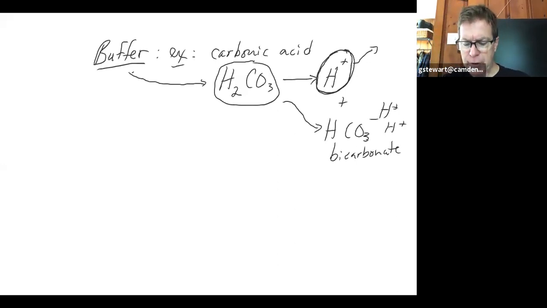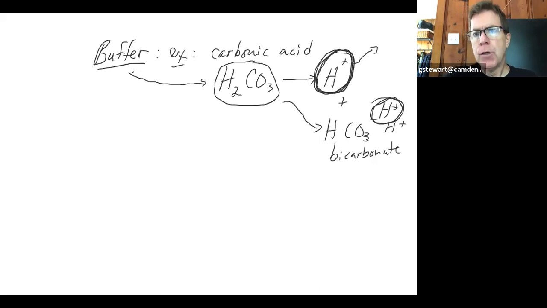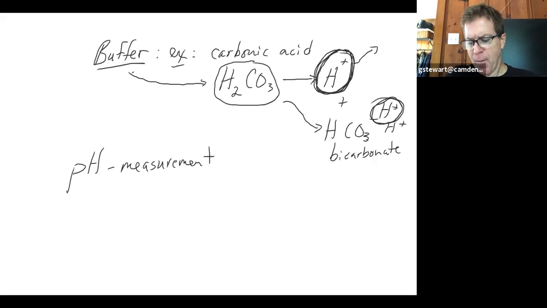A buffer can regulate pH by either donating hydrogen ions to the environment or accepting hydrogen ions to make it less acidic. I'm sure you've heard the term pH, which is just a measurement of acid-base in a particular environment.